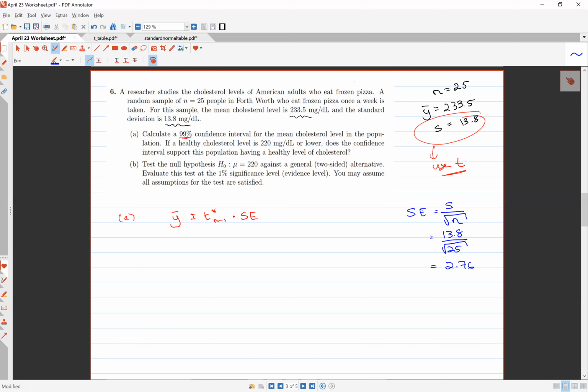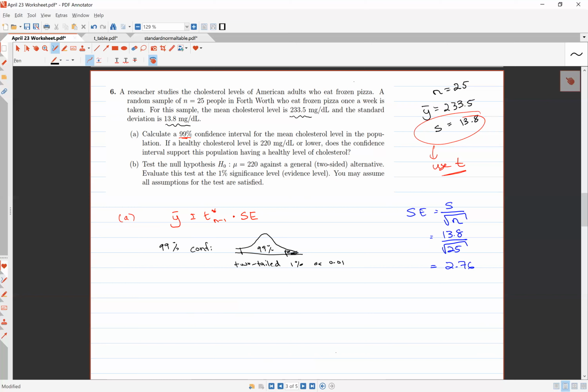Next thing we need is our T star value. Now, we're doing 99% confidence. What that means is if you're visualizing a bell curve, in the middle, you want 99%. So the two-tailed value is 1% or 0.01.